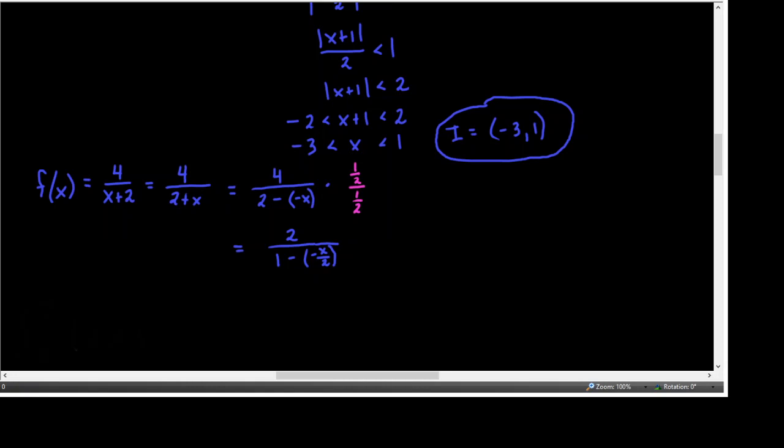Okay, so equating that to a over 1 minus r means that we're going to let a equal 2, and we're going to let r equal the opposite of x over 2.